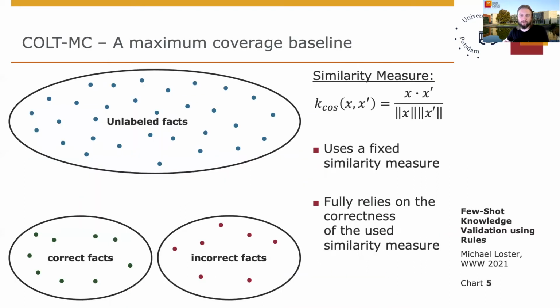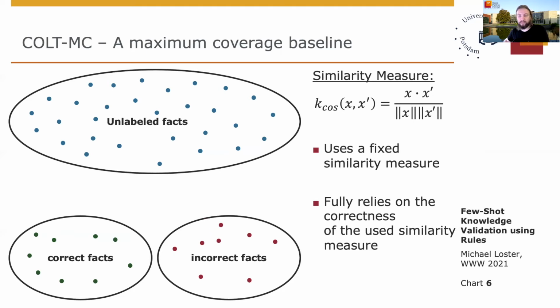Our first model is called COLT-MC and represents a greedy baseline based on maximum coverage. In this image, each point represents the previously generated vector representation of a fact. Essentially, it can be thought of as a one nearest neighbor classifier that compares a selected fact to all previously evaluated facts, determines its nearest neighbor by means of a chosen similarity measure, and assigns the same label as its neighbor to the selected data point.